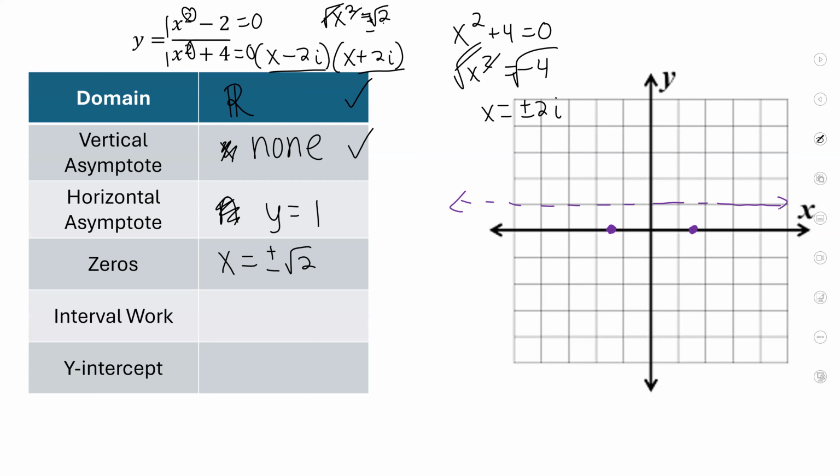And your y-intercept will be -1/2. And if you do your intervals, you're going to look something like this. That's what it will look like. You're only going to be evaluating at negative square root of 2 and positive square root of 2. So this will be positive, negative, positive. So that is what your graph would look like.